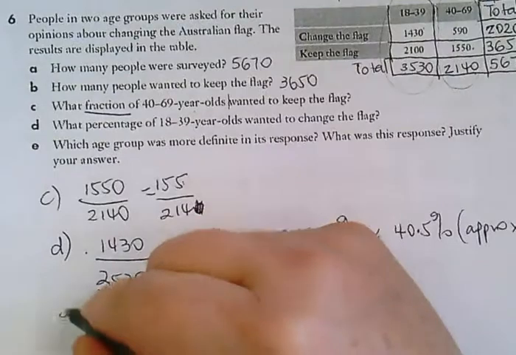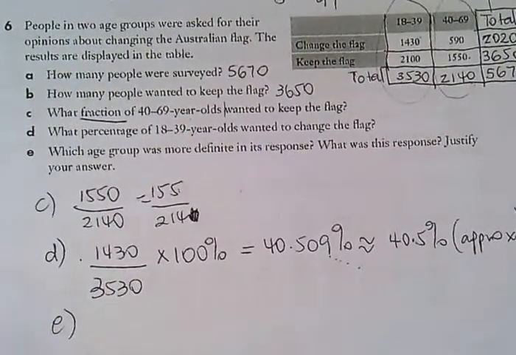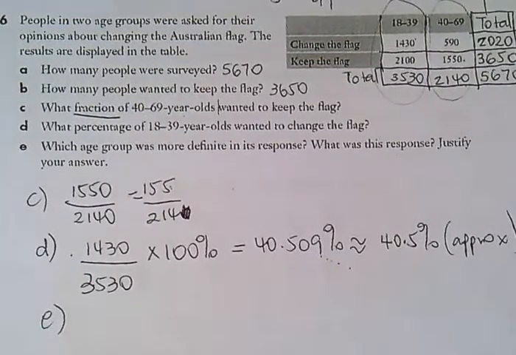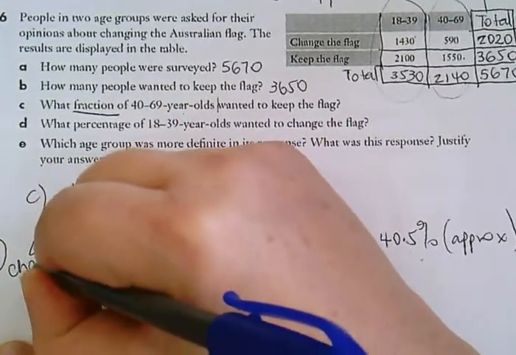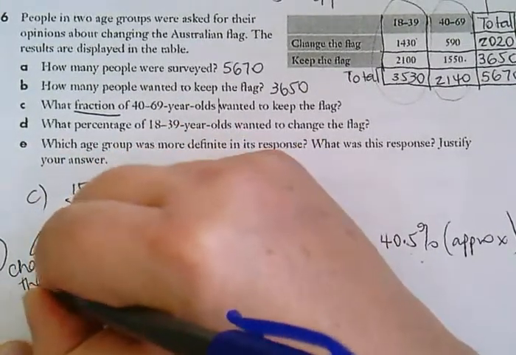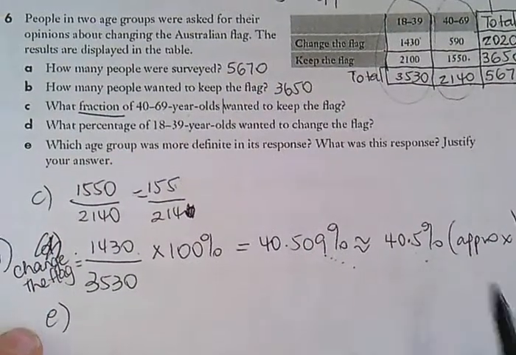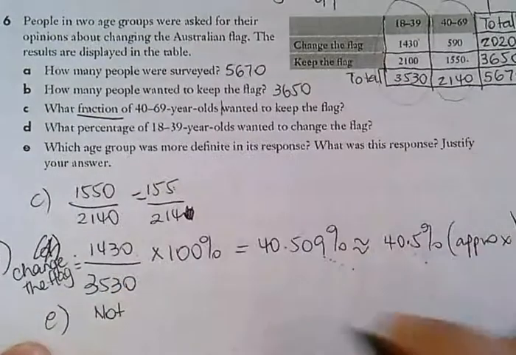And E, which age group was more definite in its response? Justify your answer. In question D, 18 to 39-year-olds wanted to change the flag, approximately 40.5%. So what's not change the flag for this age group?